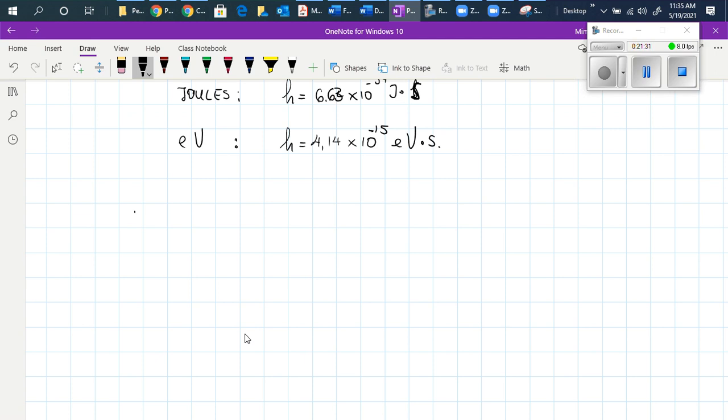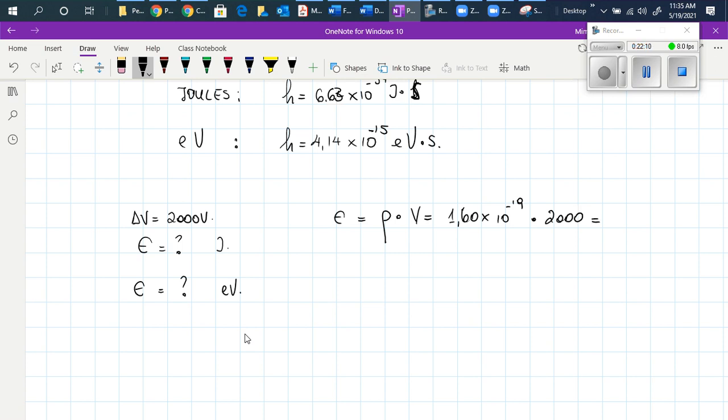So if we have an electron that is moving through a potential difference of, let's say, 2000 volts, and we are calculating the work done in joules and in electron volts, then in joules we will use Q times V, or 1.60 times 10 to the power of negative 19 times 2000, which equals 3.2 times 10 to the power of negative 14 joules.